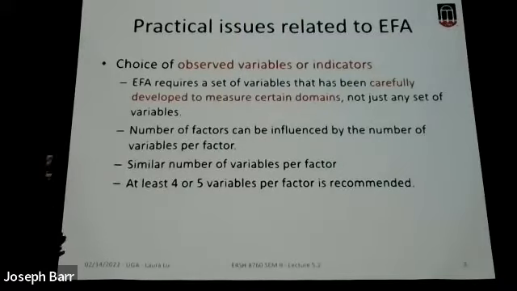So when you choose those indicators or test items, we carefully look at the item meaning, not just random variables. And the number of factors can be influenced by the number of variables per factor. You will see that if you change these numbers, it will be different.